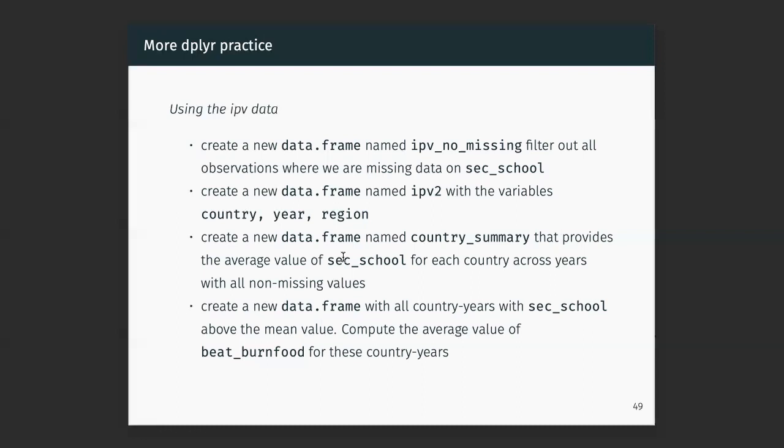We're going to start by modifying your IPv. The object we're starting from is the one with missing values. Filter. Type filter. Remember how you do not missing?